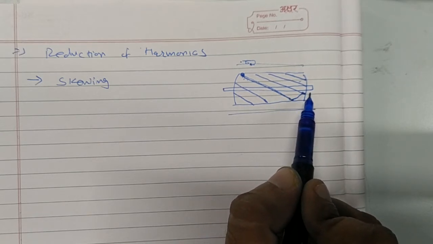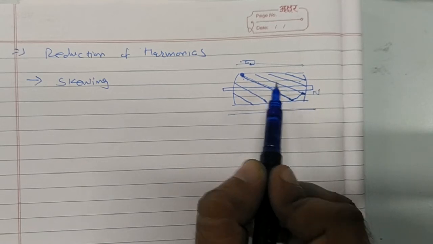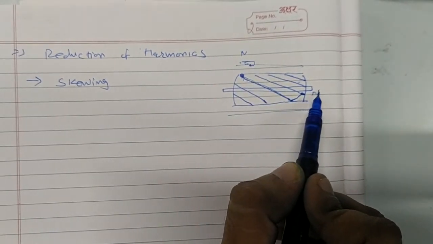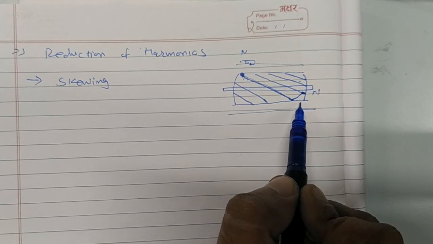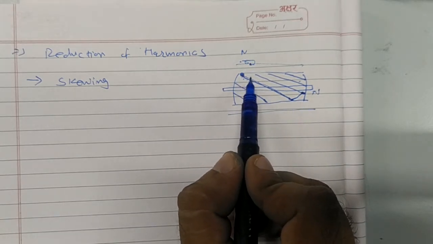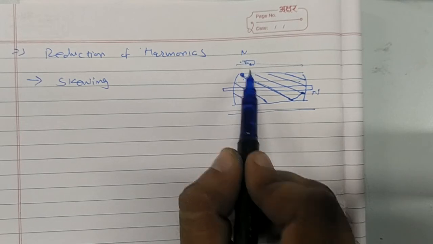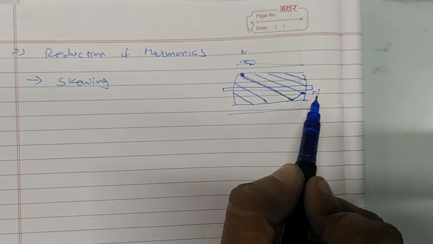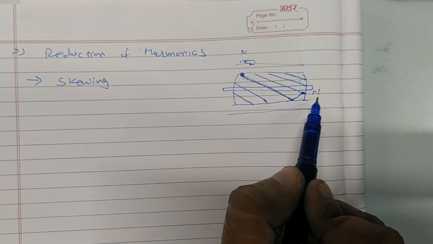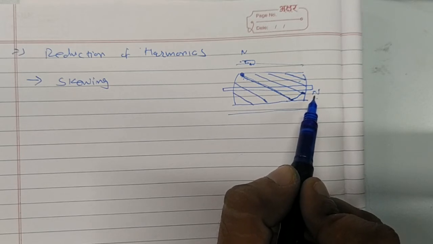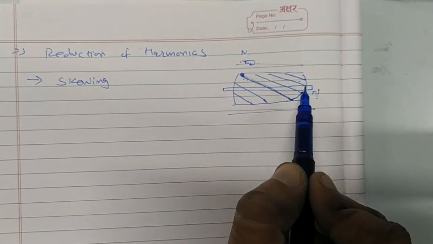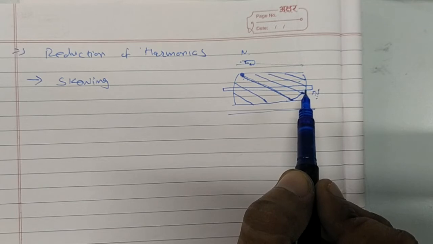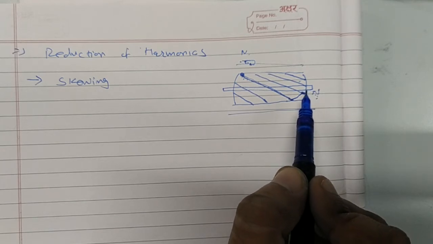Over here we also have the same pole N. So we need to provide the skewing this way: if the bar starts with this N pole, then it should end at an N pole only, not at an S pole. So these poles are displaced in time phase, and that will make for better operation of the motor. This we have to take care of.